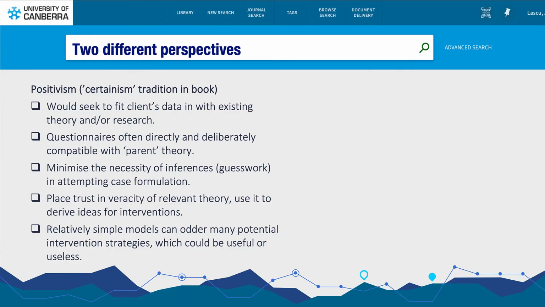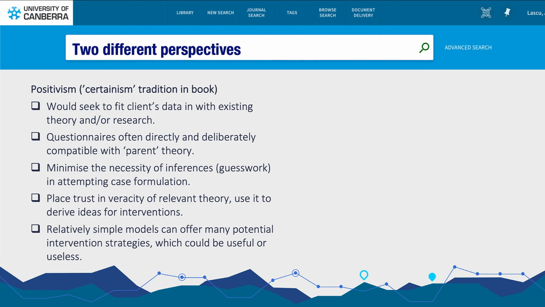Let's have a look at two different perspectives to understand what case formulation would look like. A positivist, or described as certainism, tradition in the book would seek to fit the client's data in with existing theory and or research. Questionnaires are often directly and deliberately compatible with a parent theory, as we saw before with achievement goals.